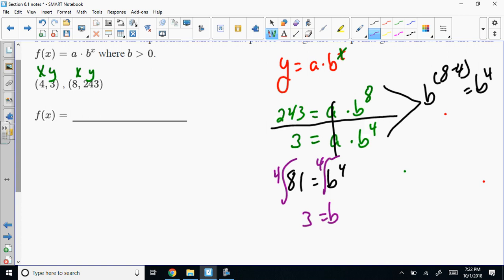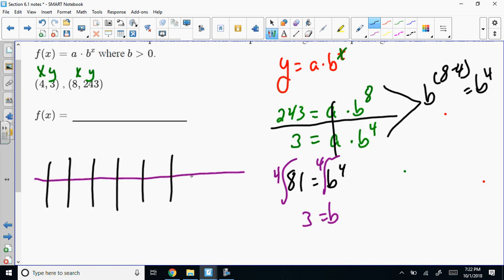Now, here's the kicker. The easiest thing is to do this, and it falls back on geometric sequences, okay? So I'm going to take you down a path that you may or may not have ever been.